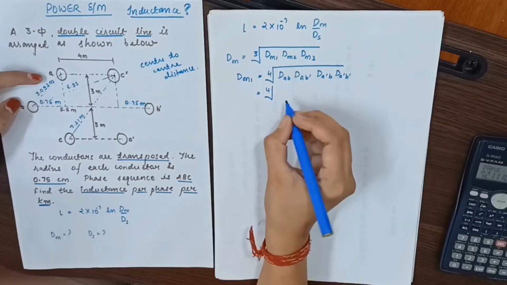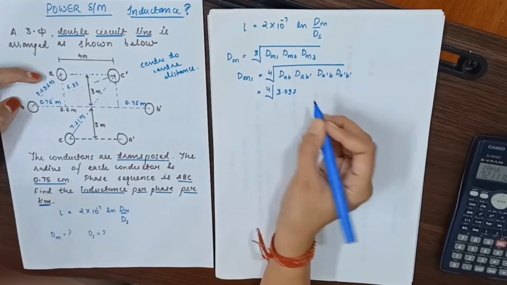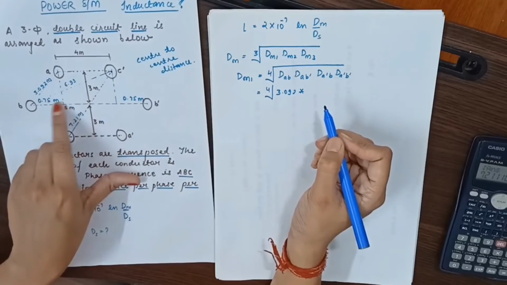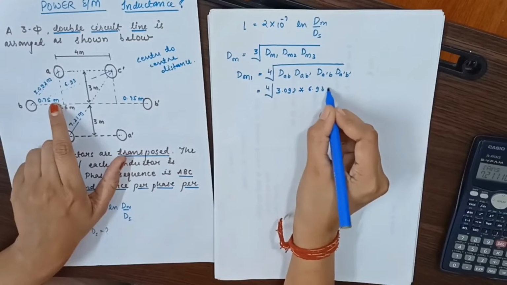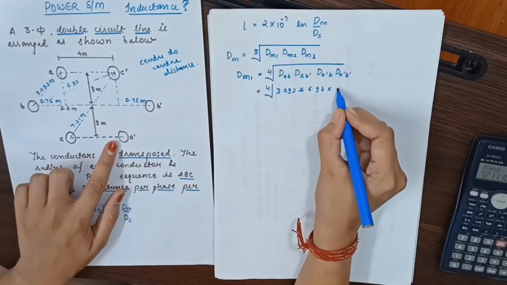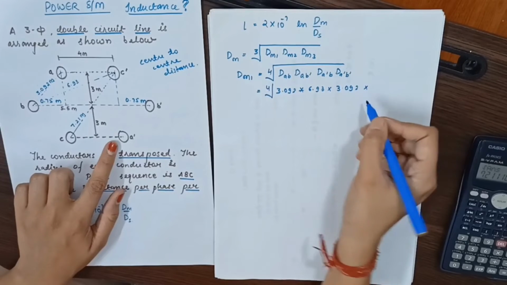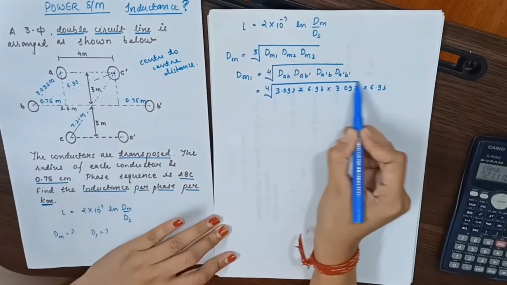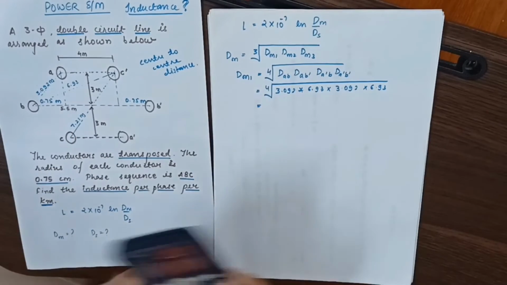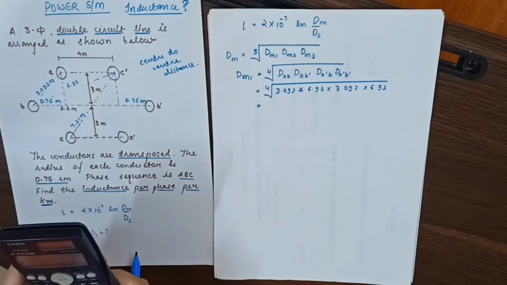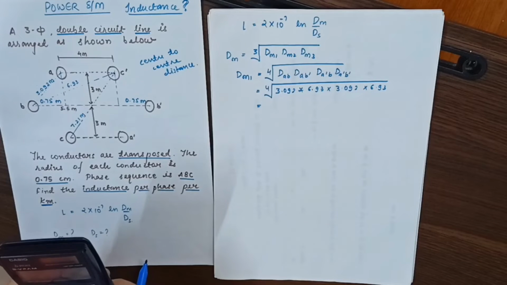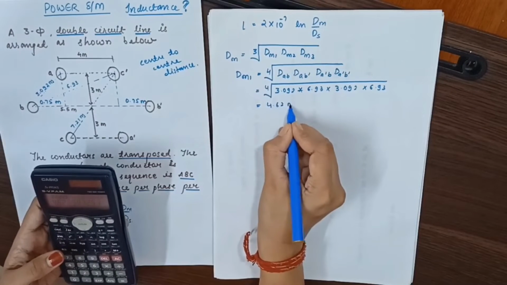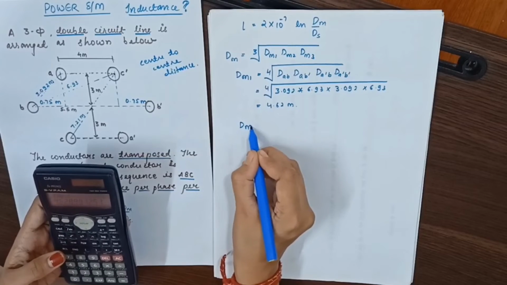DAB is 3.092, DAB dash is 6.93, and DA dash B dash is 3.092 and DA dash B is 6.93. On solving, it is 4.62 meters.